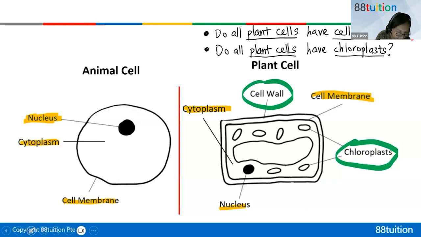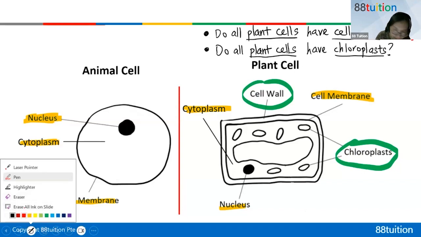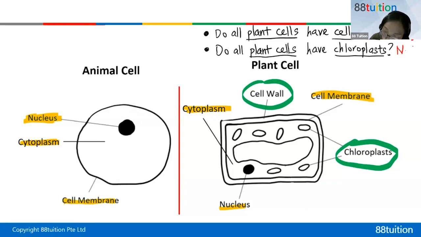Yeah, most of you got the second question correct. So don't get mixed up. The answer is no. All right. So for example, root cells do not need to make food, so don't need chloroplast. Do not make food, so have no chloroplast.